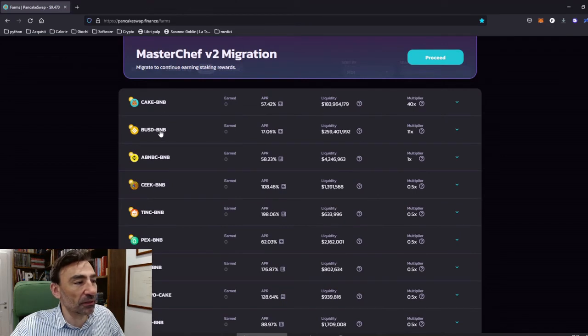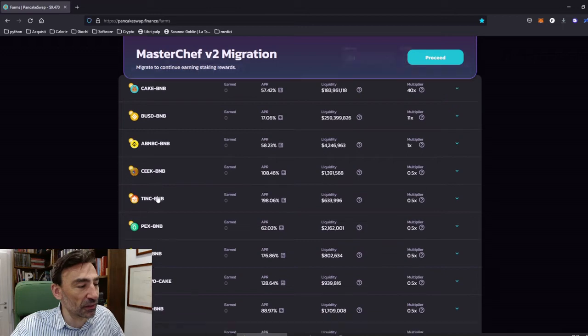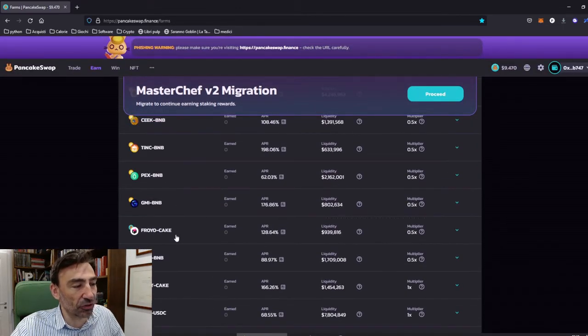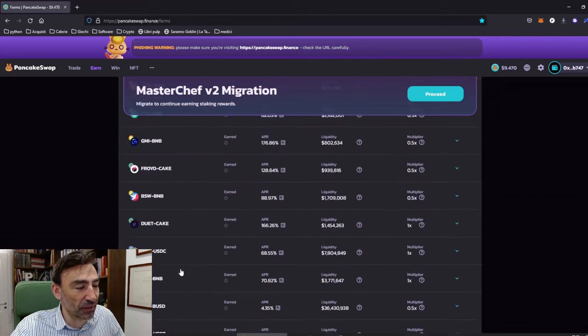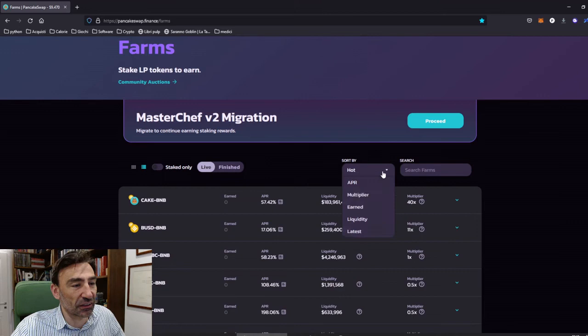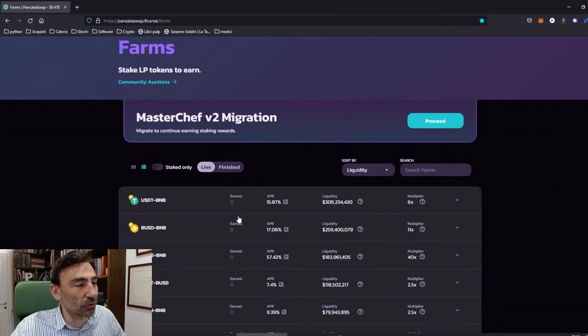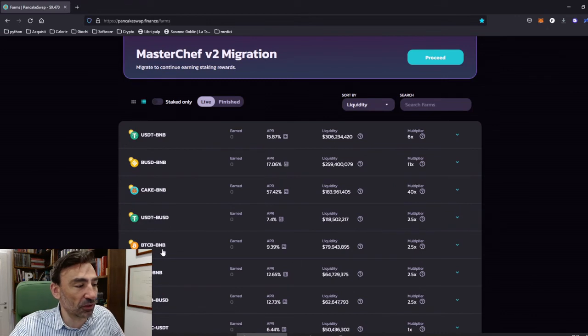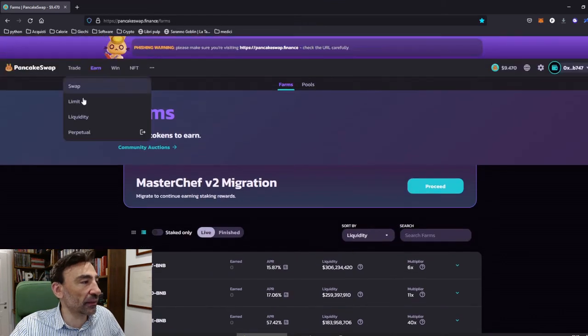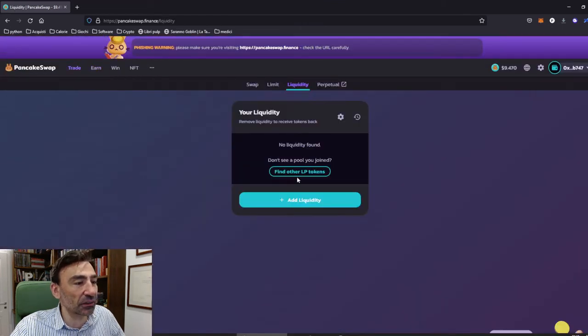So Cake BNB, BUSD BNB, ABNBC BNB, etc. Most of them are against BNB, but there is also Froyo Cake, and whatever you may dream of. Let's just take them sorted by liquidity, so the most famous ones first. You see, for example, here are Bitcoin Binance token, Bitcoin Ethereum. This is pretty famous.